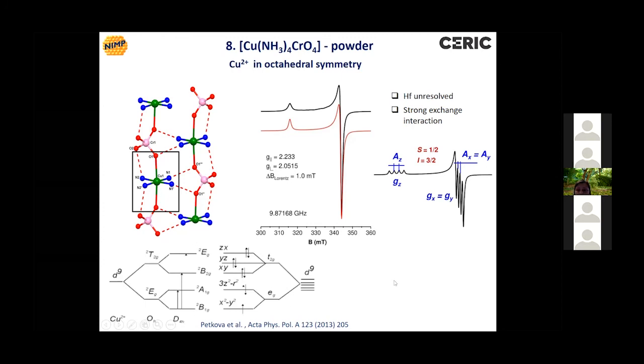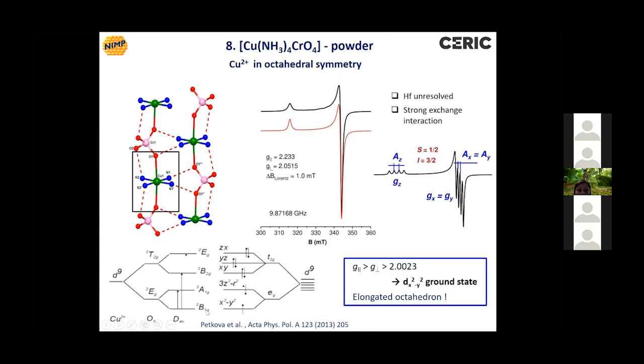And depending on the relative values of the G parallel and G perpendicular parameters, if you remember the previous formula, they depend on the ground state and the excited state.